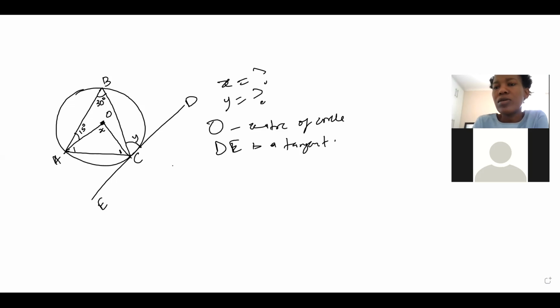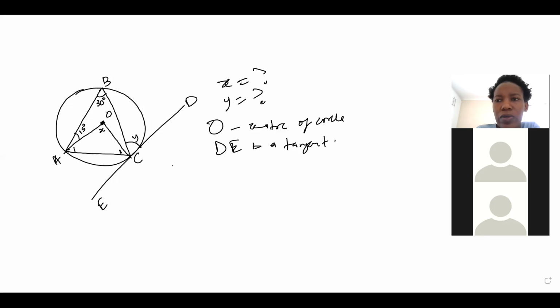All right. Did you get Y? No, I'm still trying to find Y. You got X to be 60. Yes. Okay. Unami? Are you winning? All right. Let's quickly finish it so we can do an exam paper.